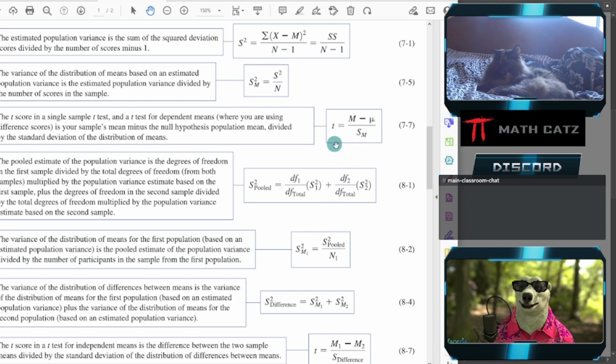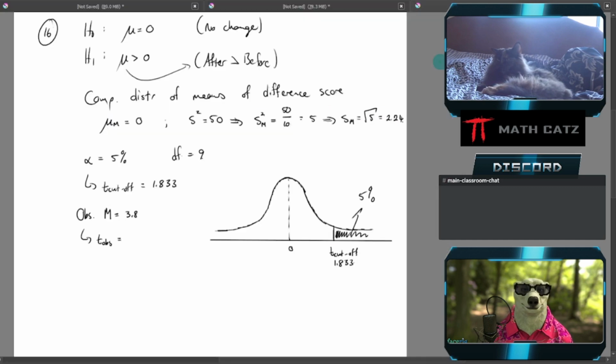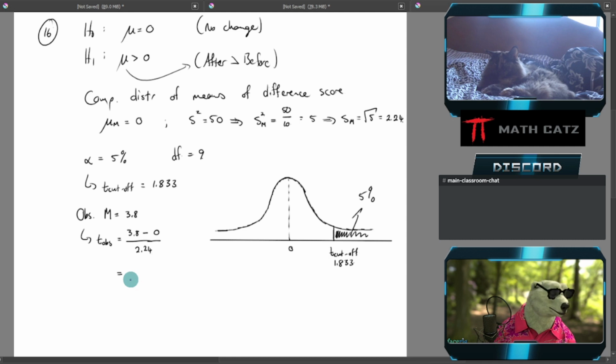We're still over here in formula 7.7. So we take our 3.8 minus 0. I'll still say the 0 to fill in the formula completely. Under the null hypothesis, the distribution mean is 0, meaning no change, over our approximate standard deviation for this comparison distribution of 2.24.